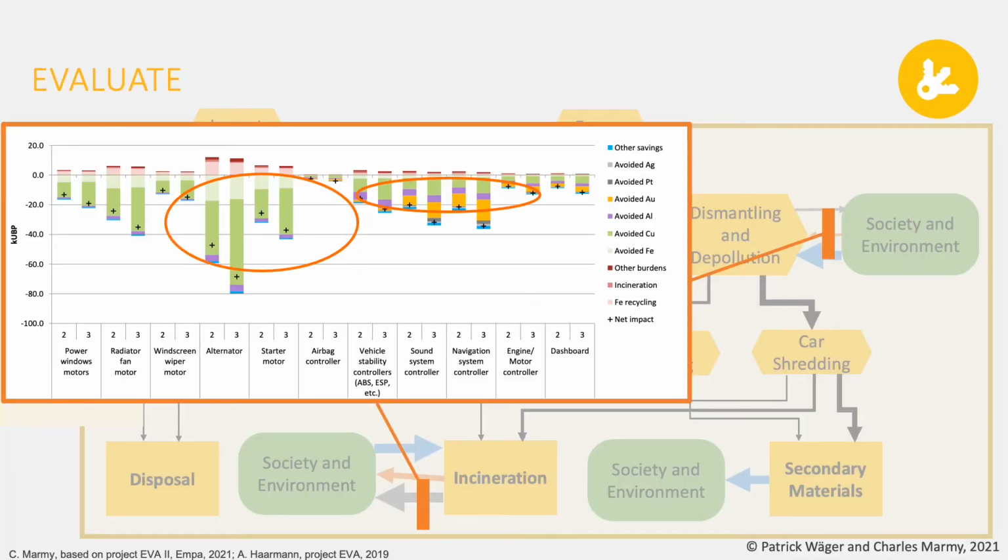We also then evaluate relevant implications of those mass and toxin flows, such as, for example, their interaction with the environment or society. Here, for example, we can see that recycling certain types of electronics can reduce the environmental impact through avoided copper, while recycling other types of electronic devices can reduce the environmental impact through avoided gold mining. So, interesting results.